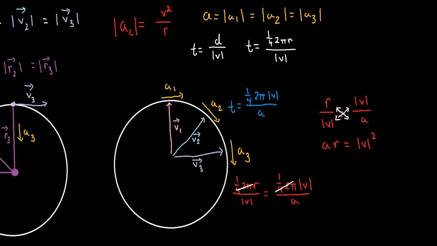And we can divide each side by our radius so that we can isolate our acceleration to get that our acceleration is equal to the magnitude of our velocity squared divided by our radius. And here we have our centripetal acceleration formula.